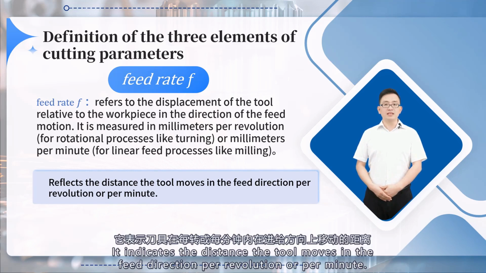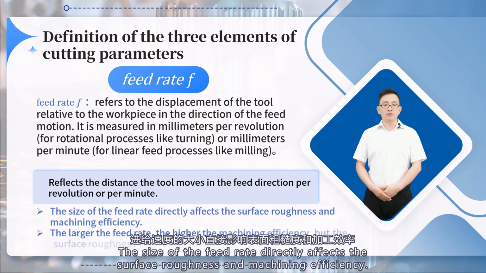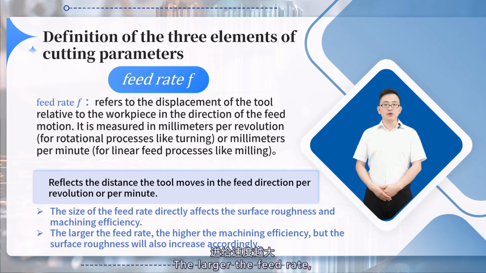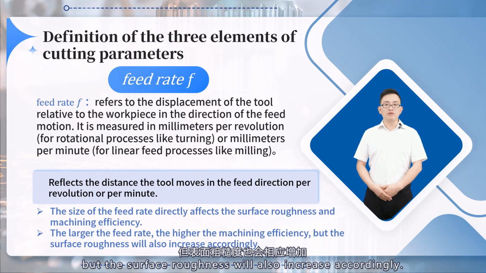It indicates the distance the tool moves in the feed direction per revolution or per minute. The size of the feed rate directly affects the surface roughness and machining efficiency. The larger the feed rate, the higher the machining efficiency, but the surface roughness will also increase accordingly.